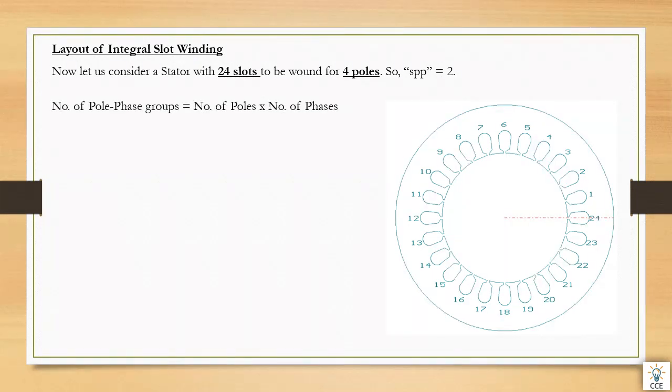But over here the pole phase groups, you can see it is again 4 into 3, that is 12 pole phase groups we have. Over here the thing to note that we discussed, even though the number of slots has doubled from 12 slots to 24 slots, since the number of poles is the same, the number of pole phase groups also remains the same.